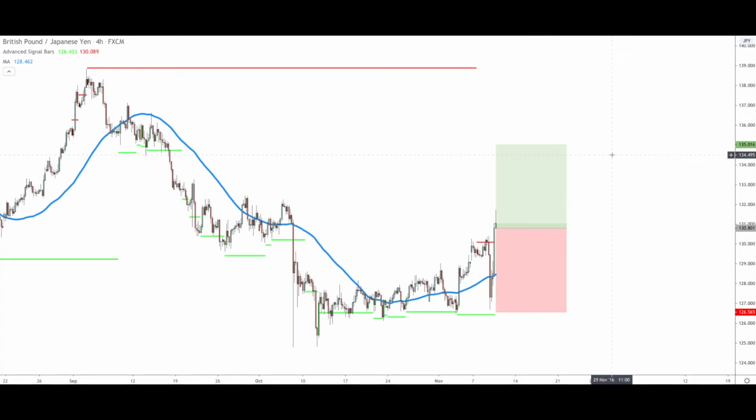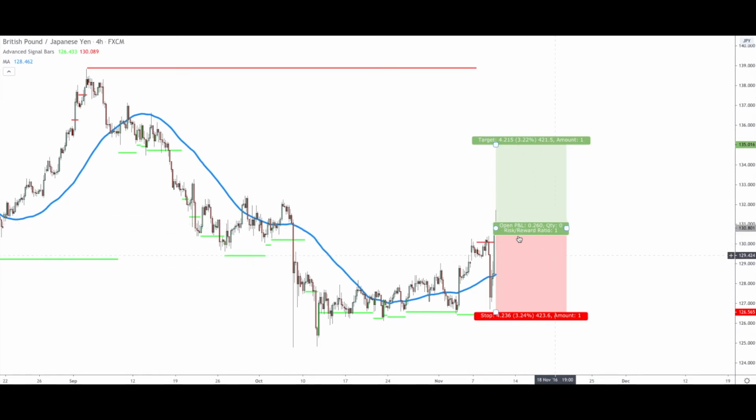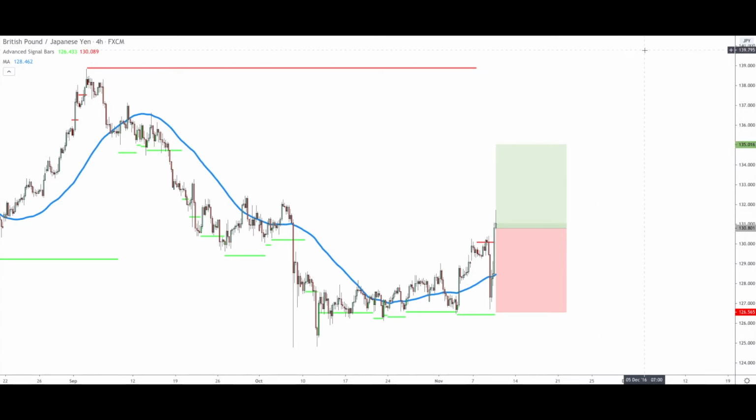You are likely going to see the price reaching your target, and as you reach the target, you probably are going to have another setup, and then another one above the previous one, and then another one. You end up taking a lot of profitable trades, one after the other.